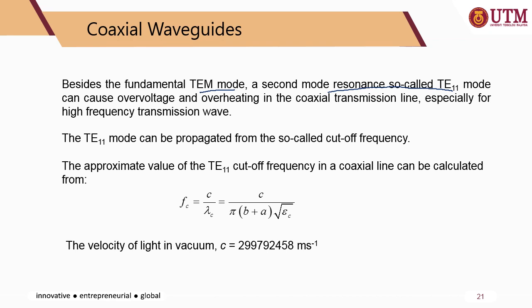So TE11 mode can propagate from the so-called cutoff frequency, and the cutoff frequency for a coaxial waveguide is given by C over lambda C, the wavelength at the cutoff frequency, which depends on the B and A of your coaxial cables or coaxial waveguide. C is basically the speed of light.